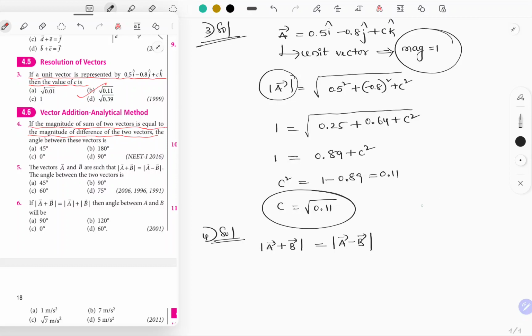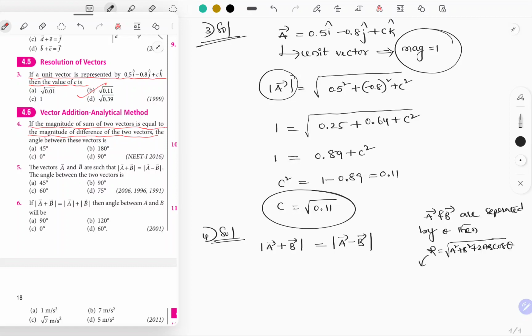So how to find out a magnitude? When two vectors A bar and B bar are separated by some angle theta, then how to find out the resultant? Resultant is equal to root of a square plus b square plus 2ab cos theta.